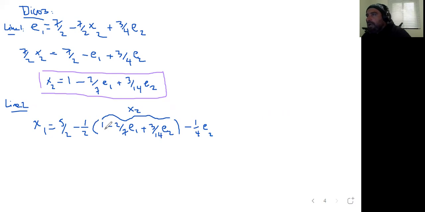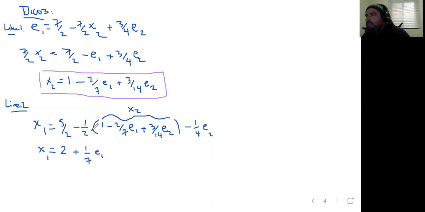Okay, so all I've got to do now is just compute the numbers. So it gives me X1 equals how much, guys? 5 over 2 minus half, it's 2. Got it? Now, how many E1s am I going to have? I'm going to have minus half times minus 2 over 7, so it's going to be plus 1 over 7 E1.